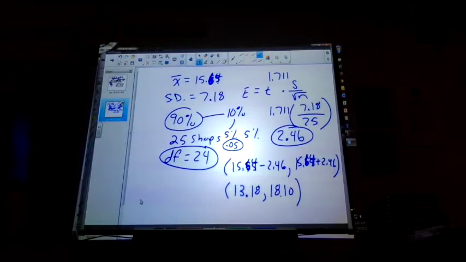So now, I am 90% confident that if I randomly selected these floral shops using the same type of random number generator in the same sorts of locations, that my average of my next set of data would fall between 13.18 and 18.10. So you're 90% confident it's going to happen there.